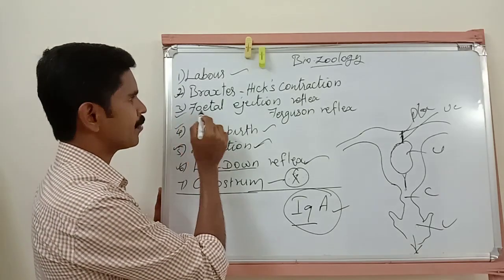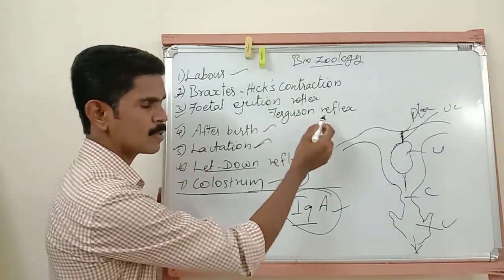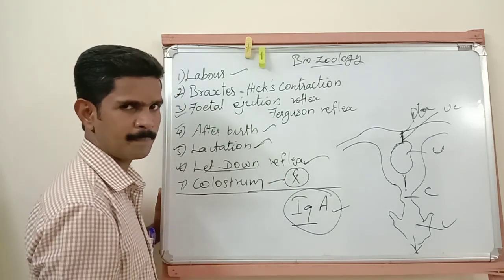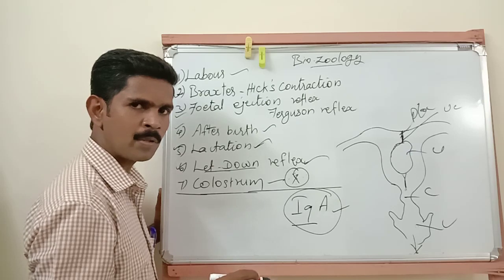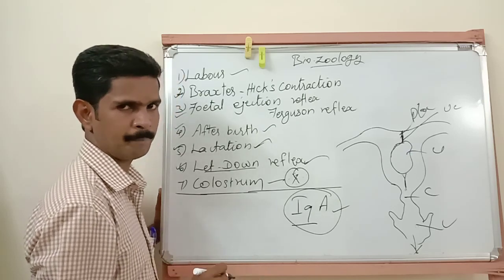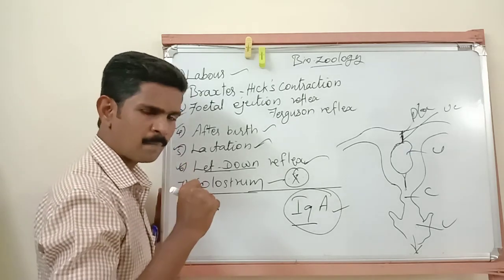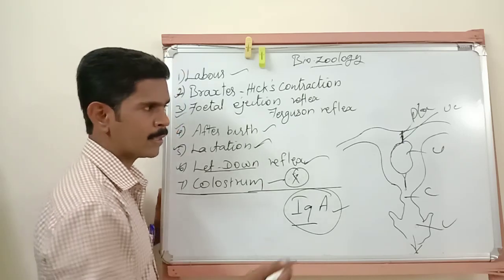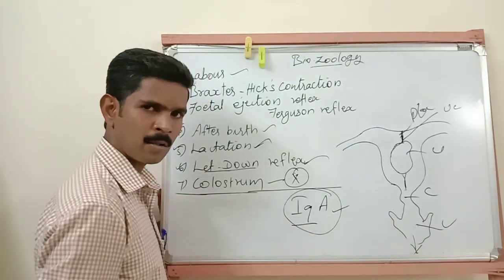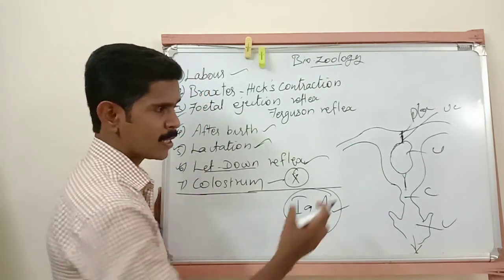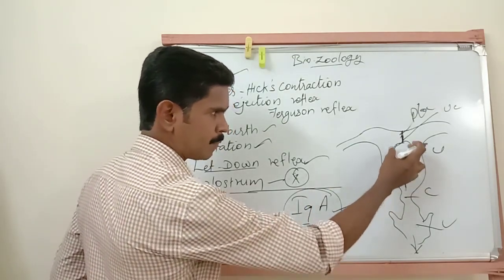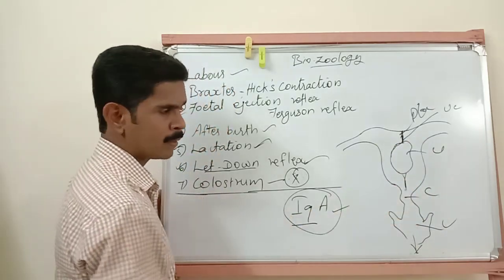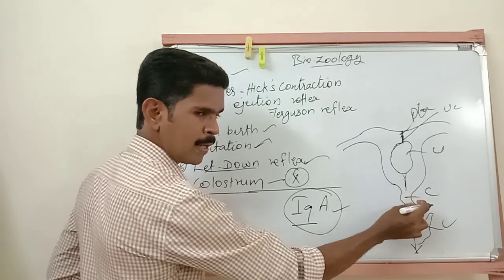The next question, fetal ejection reflex or Ferguson reflex. When the pregnancy progresses, the amount of estrogen hormone increases in the blood of the mother. Because of this increased estrogen, the uterus undergoes strong contraction, and the fetus moves downward.